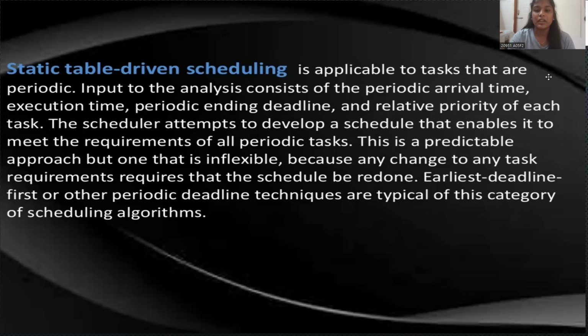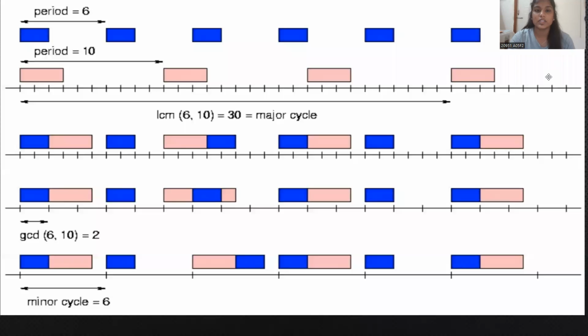This is a predictable approach, but one that is inflexible because any change to any task requirements requires that the schedule be redone. Earliest deadline first or other periodic deadline techniques are typical of this category of scheduling algorithms.